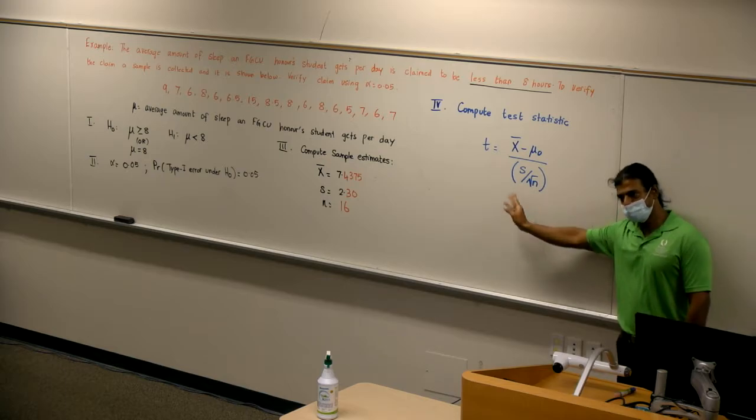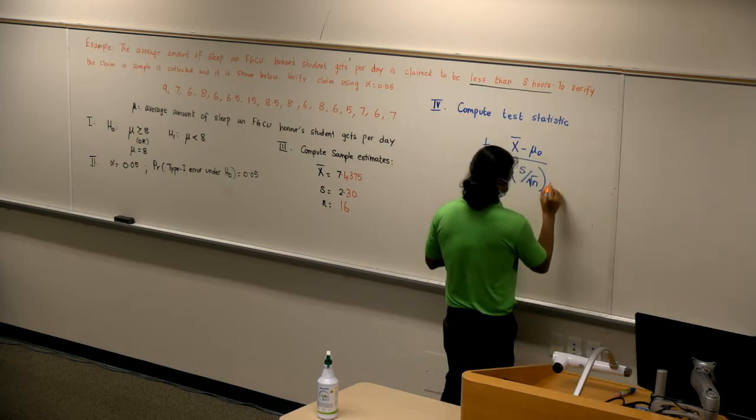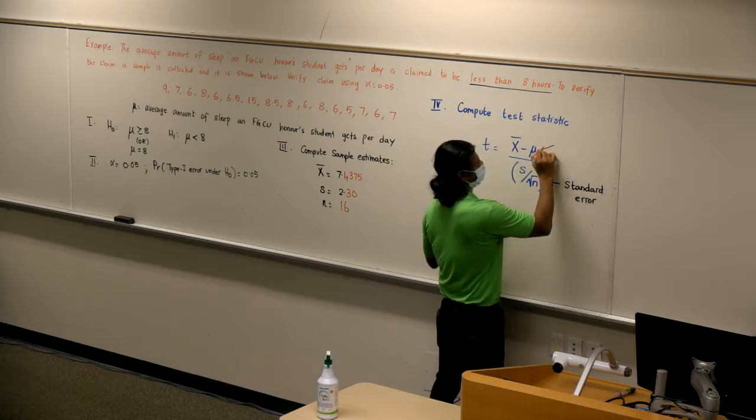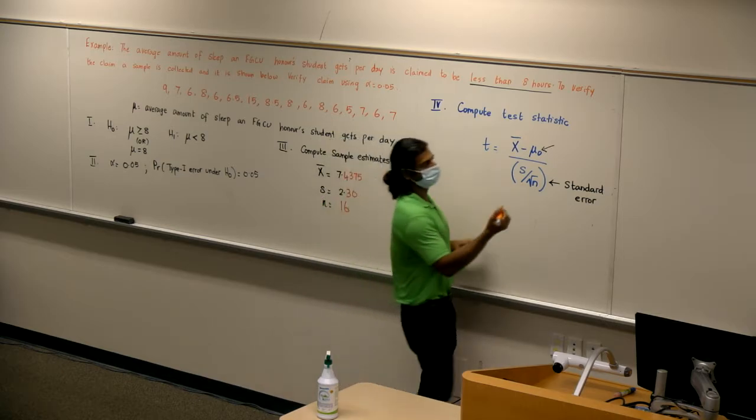We have seen this formula before in confidence intervals. So that is the standard error. Mu naught is the null value, or the reference value.